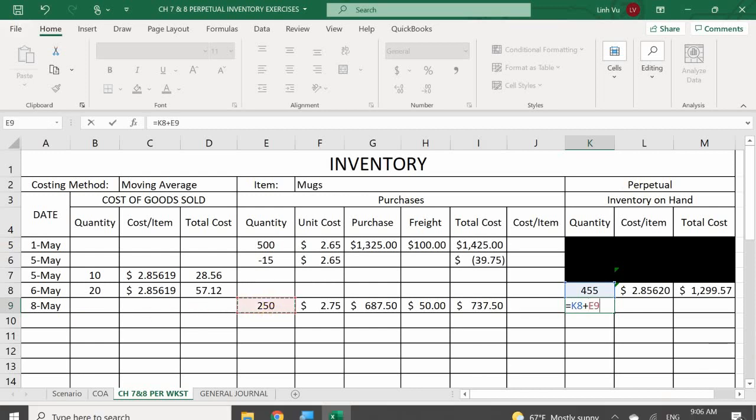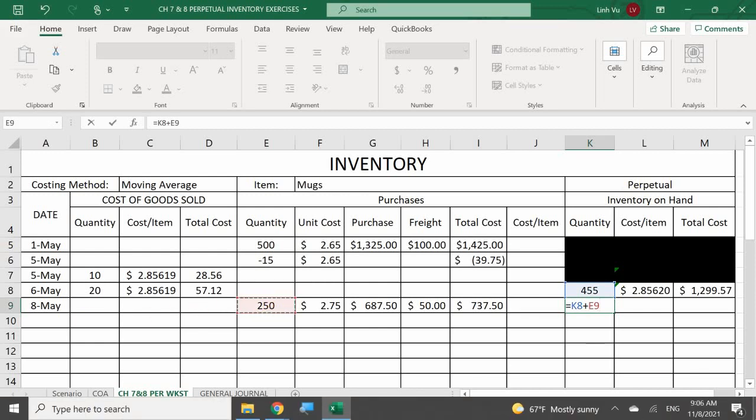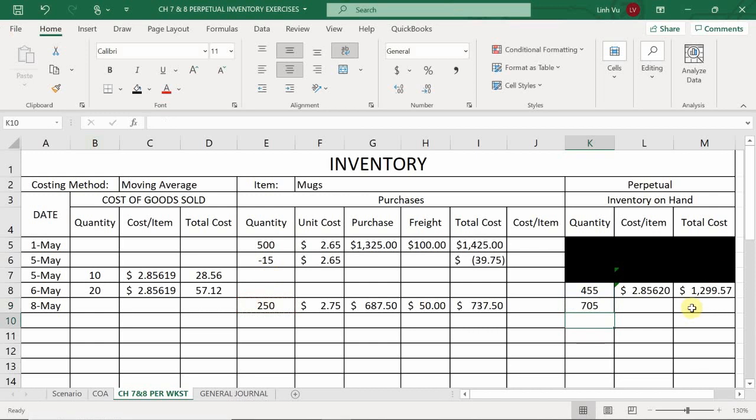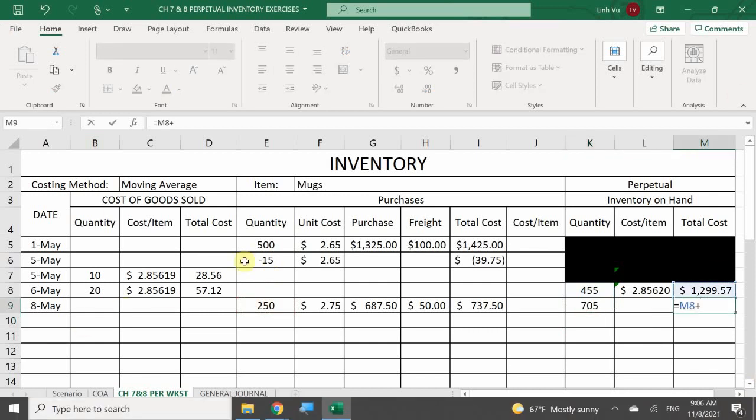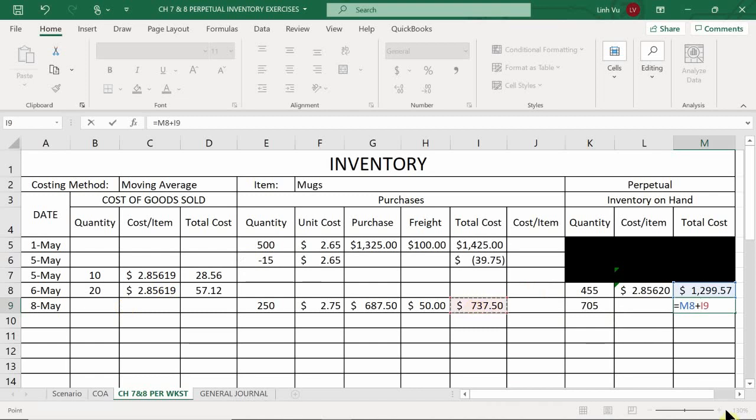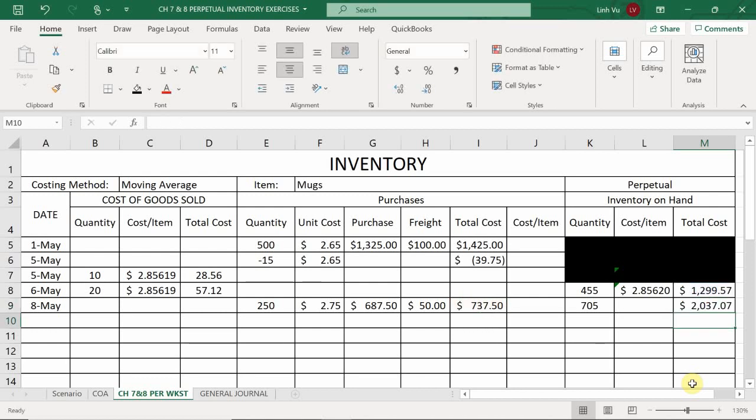So how much is my new quantity? 705. 705 at a new total cost of 2037.